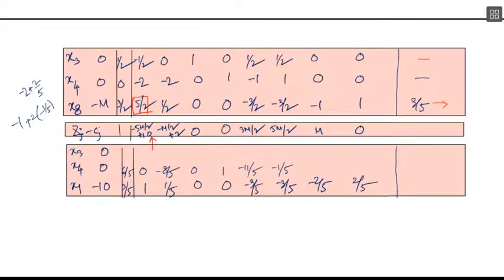This will be 0 minus 4 by 5, so it will be minus 4 by 5, and finally this will be 0 plus 4 by 5, so it is 4 by 5. Okay.